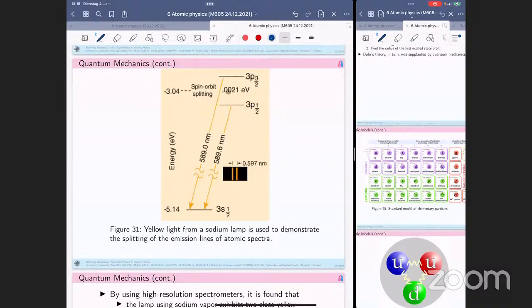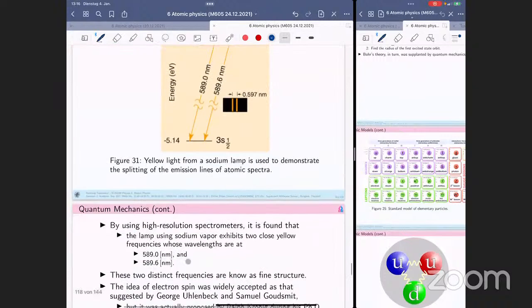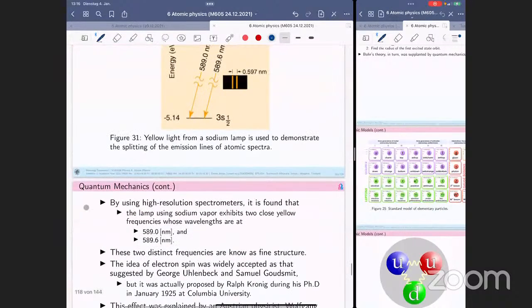They are not from the same energy level, and you need a high precision spectrometer to observe the light from these two levels. It's beyond the ability of our human eyes to detect the difference in wavelength of the yellow light.